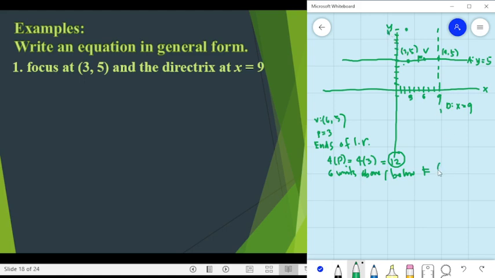So the coordinates of the ends of the latus rectum are (3, 11) and, on the other, (3, negative 1). 5 plus 6 is 11, then 5 minus 6 is negative 1. Okay, we have (3, negative 1). Now you can graph it.